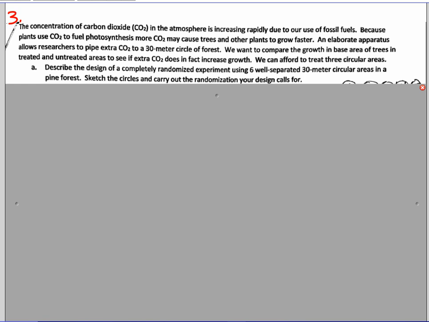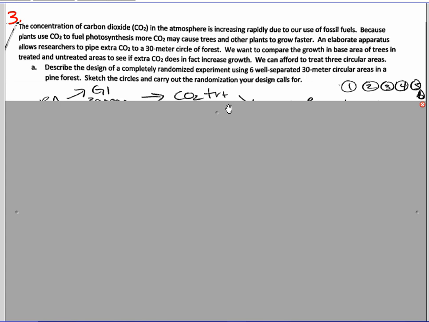So basically, I would take 6, let me get my 6 circles here, right? Here's my 6 circles, right? I've identified 6 circles. 3 of them are going to get the CO2 treatment, and 3 of them are going to get no treatment. That's going to be like my placebo, okay?